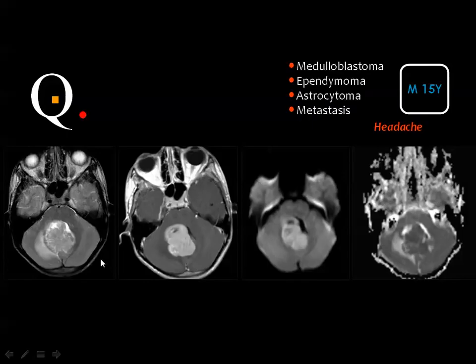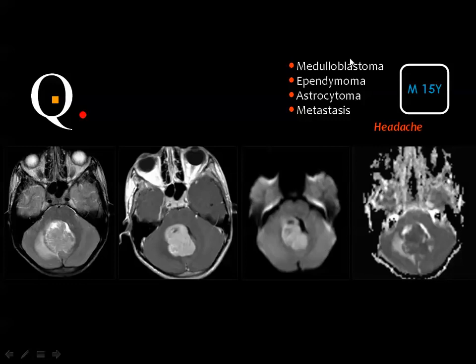Axial T2, T1 post-contrast, diffusion and ADC of a child with headache, showing a space-occupying lesion centered in the region of the fourth ventricle. What do you think?